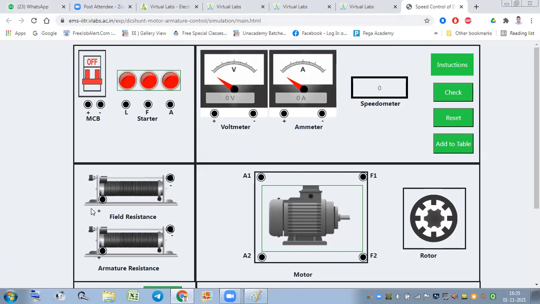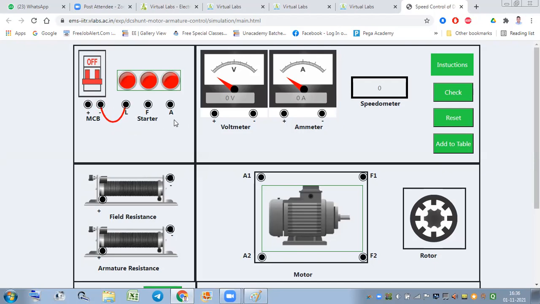Connect the second terminal of the MCB to the L point of the starter.